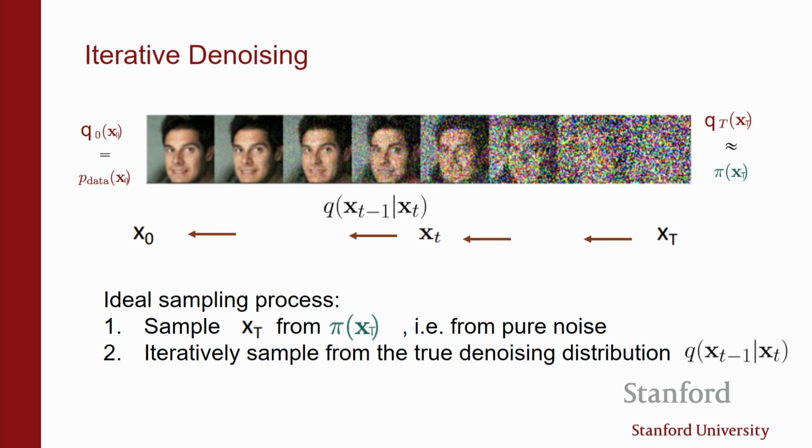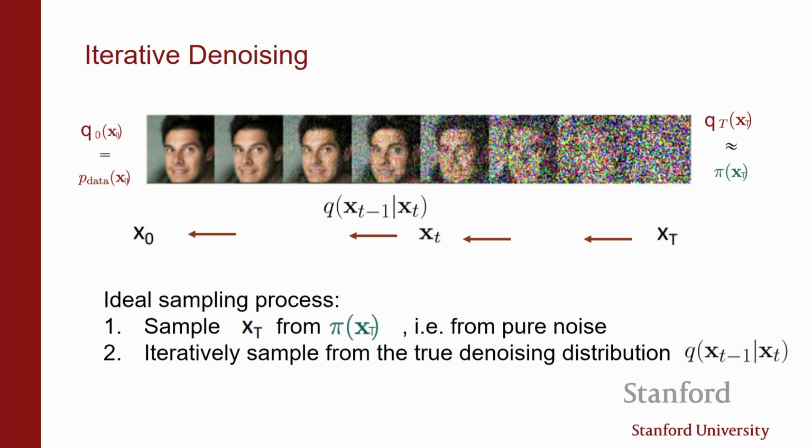And so what we could do is we could try by initially sampling a value for this random variable x capital T. And we know that x capital T comes from some known distribution. For example, it's just pure Gaussian noise. And this notation here, this pi, you can think of it as a prior, some fixed distribution that this diffusion process basically converges to. So that's easy.